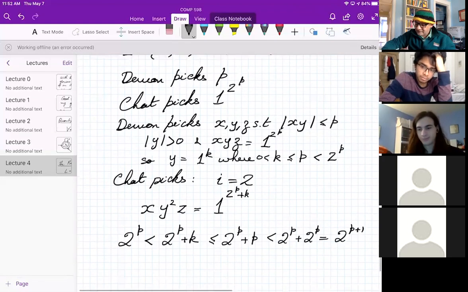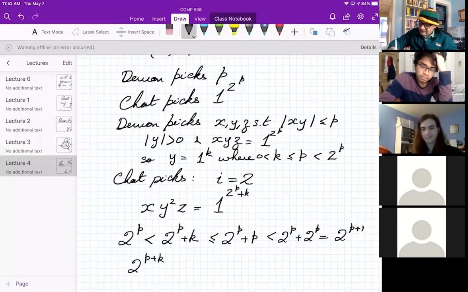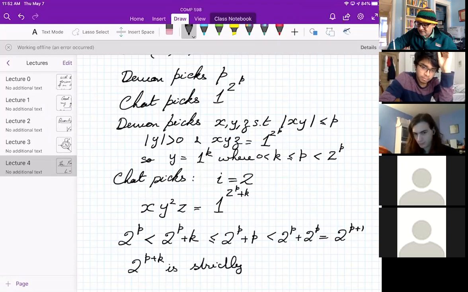So you see 2^p plus k, you notice strict inequalities on both sides. It's strictly between two consecutive powers of 2.